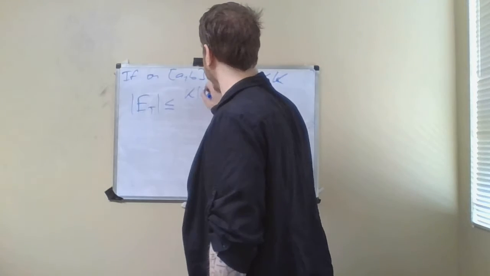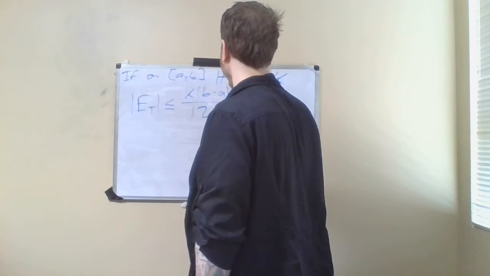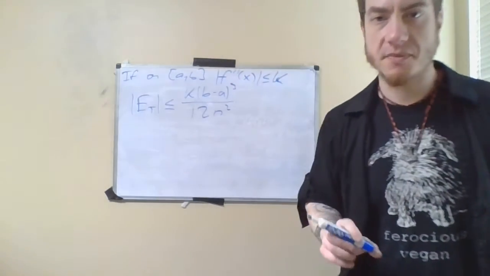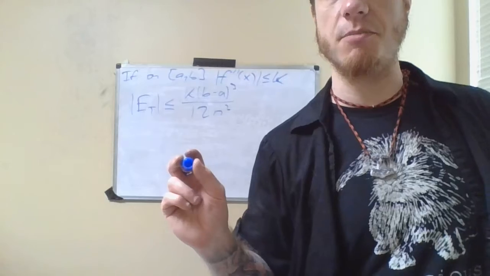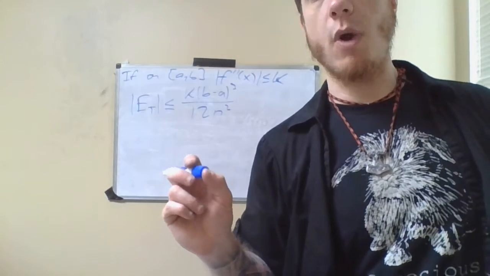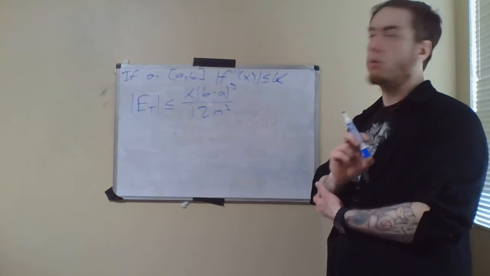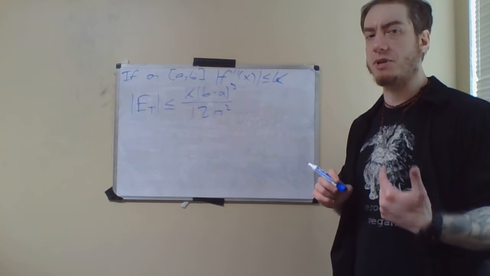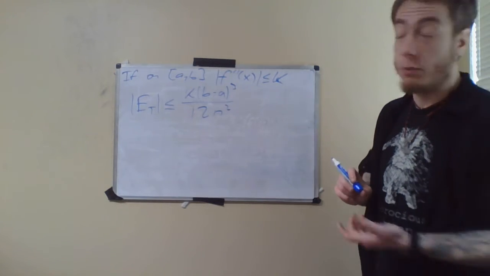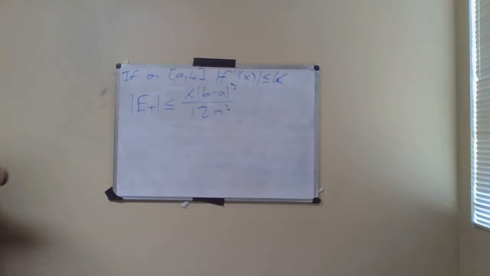It's going to be k times b minus a cubed divided by 12n squared. So it's kind of the same thing. It's literally just going to be twice the error of the midpoint rule. And so weirdly, we end up with a bigger possible error when we do the trapezoids versus the midpoints, which might seem kind of surprising, but again, if you go through the proofs, you see why this is.